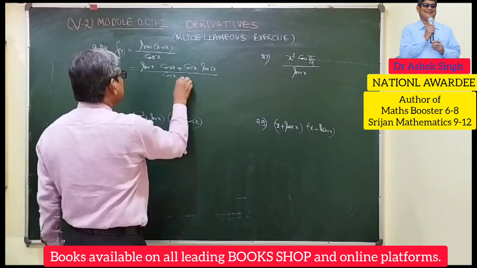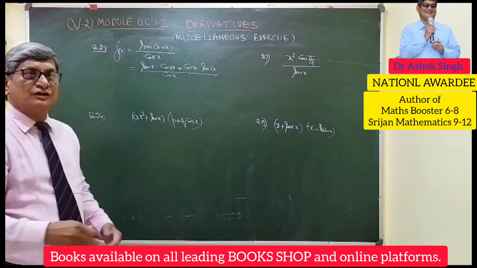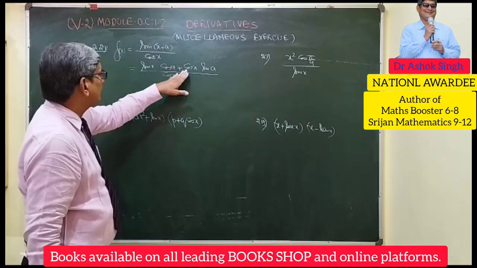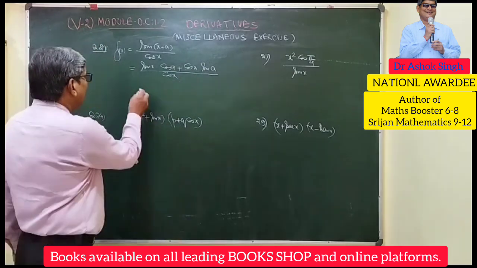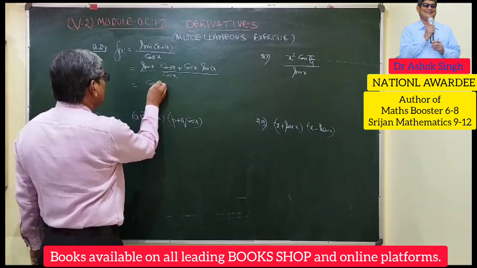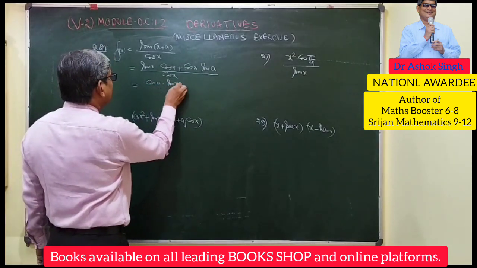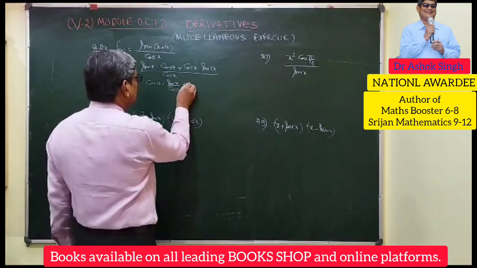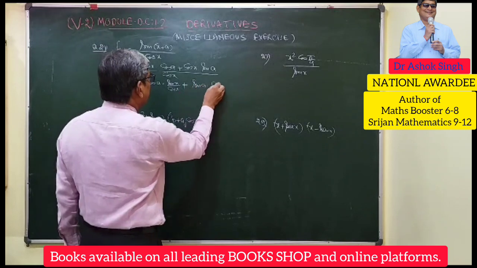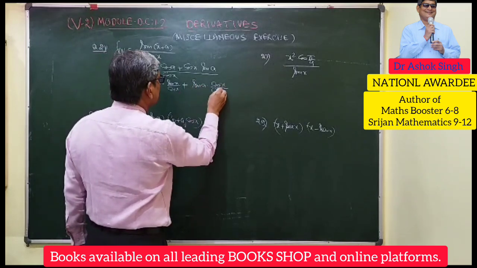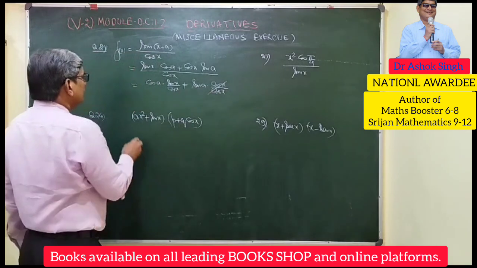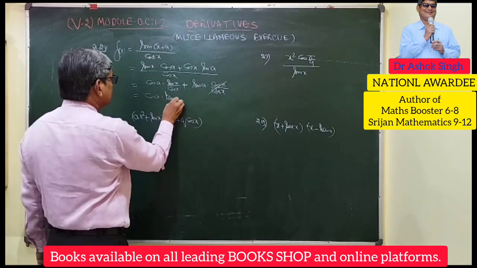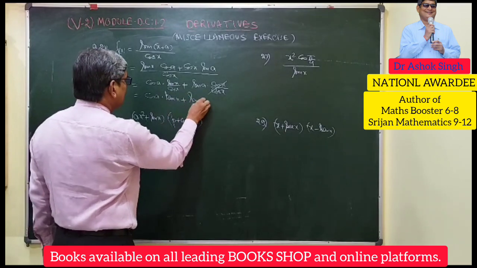This is equal to how much? We are not differentiating, we are just expanding. Sin(a + b) is equal to sin a cos b plus cos a sin b. And now you separate it out. So it is cos a into sin x by cos x plus sin a. The reason being cos x and cos x get cancelled. That is equal to cos a into tan x plus sin a.